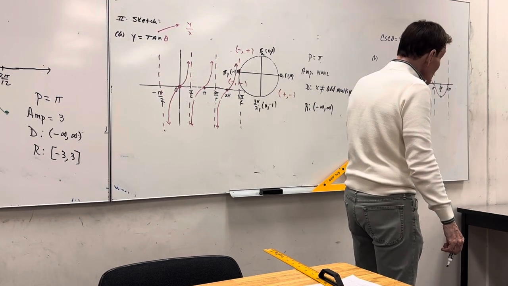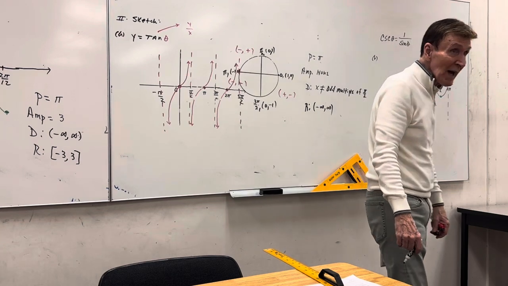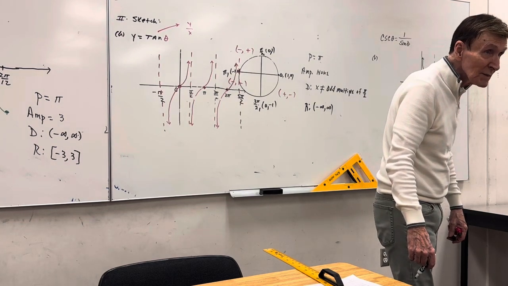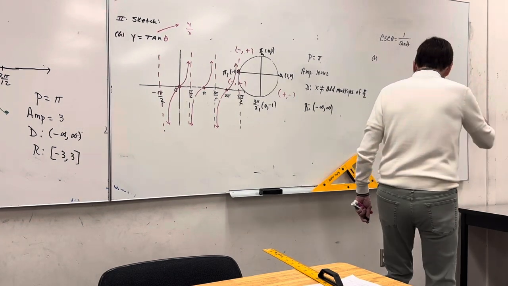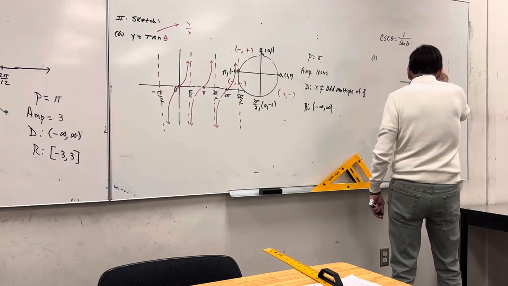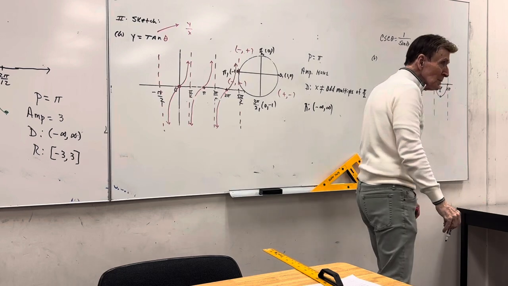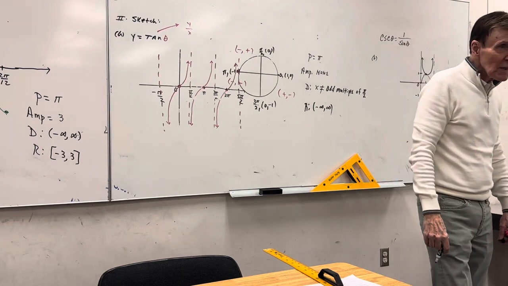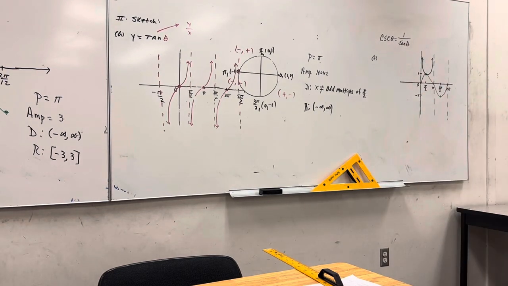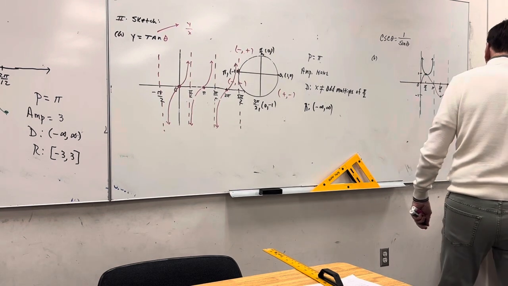Or in quadrant 2, is it positive? Is it still positive? Yeah. If it is, does that mean it's still above? So it turns and goes back up. By the way, remind me, is cosecant positive in quadrant 2? Yes.